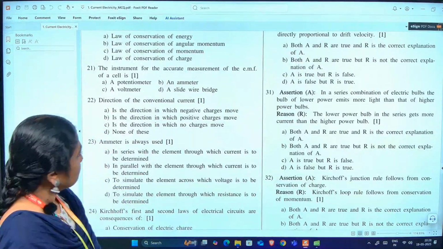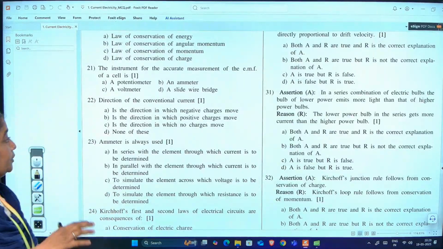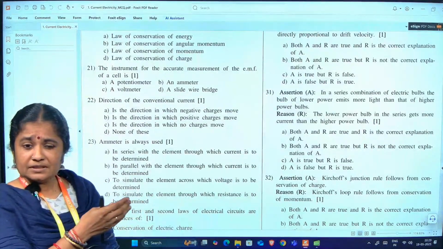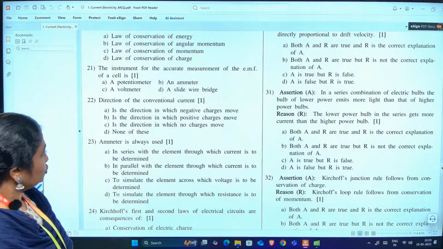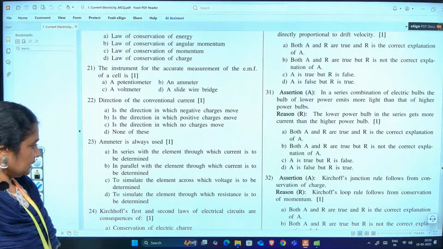Lower power emits more light than the higher power when it is connected in series. Okay? So that is true. The lower power bulb in the series gives more current than the higher bulb. In series, the current will be constant. So A is true, but R is false. Yes, C.